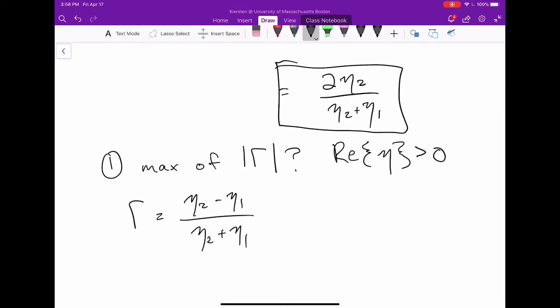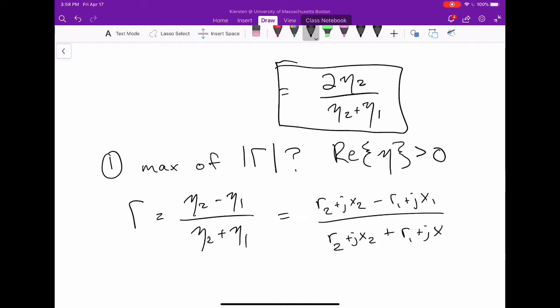All right, I'm going to split these up into their real and imaginary parts now. So that means R2 plus jx2 minus R1 plus jx1, over R2 plus jx2 plus R1 plus jx1.